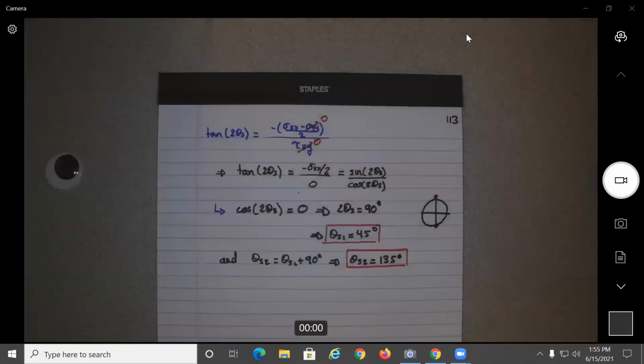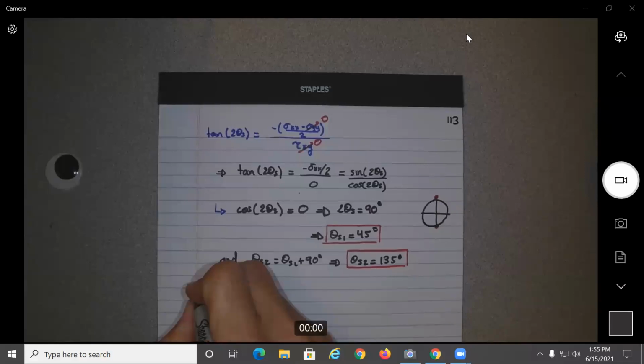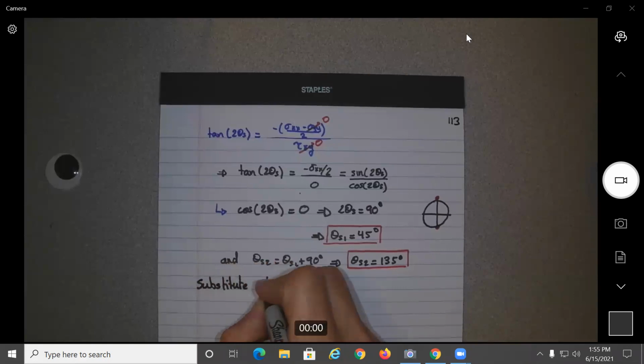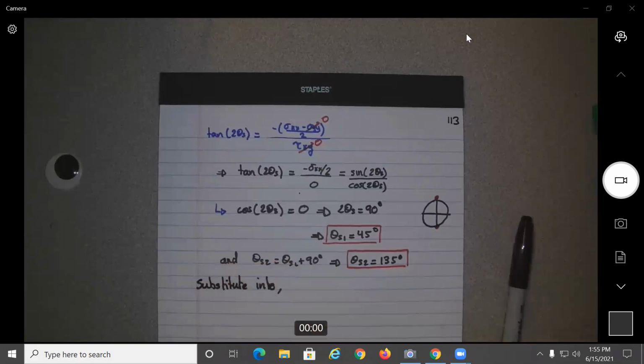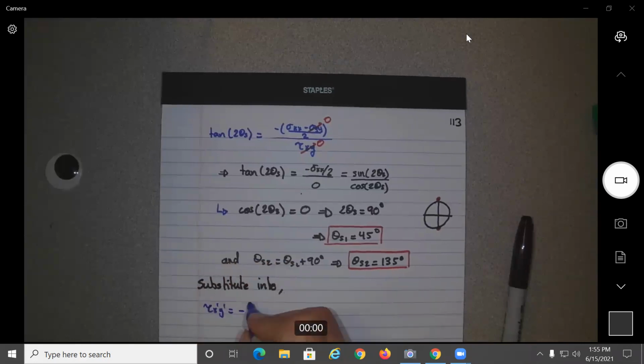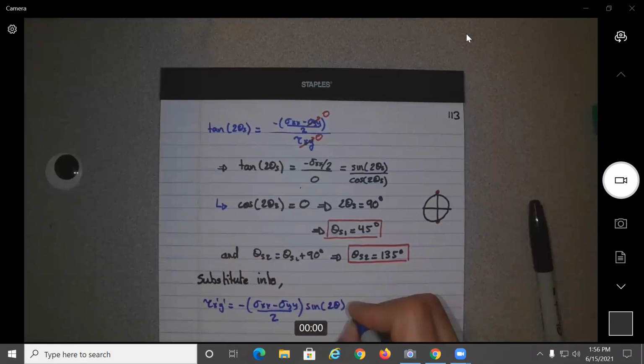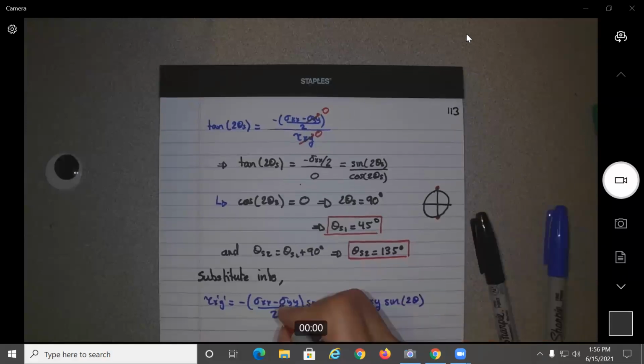In order to do that, we need to go back and substitute into tau x prime y prime equal to minus sigma xx minus sigma yy divided by 2 sine 2 theta plus tau xy sine 2 theta.